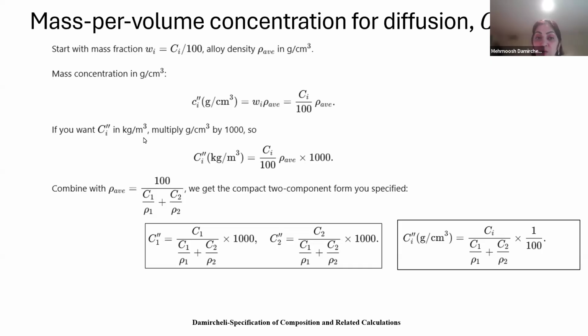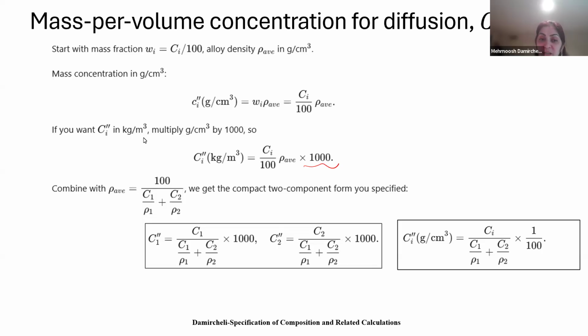So C prime i in grams per centimeter cubed is omega i times rho average. If we substitute here, it should be Ci rho average per 100. If we want C prime i in kilograms per meter cubed, it should be multiplied by 1000, yeah?